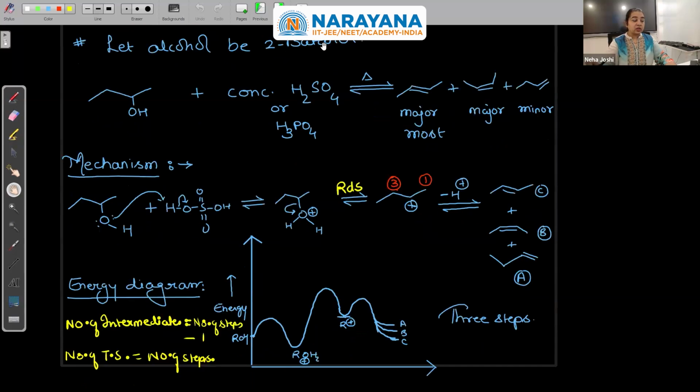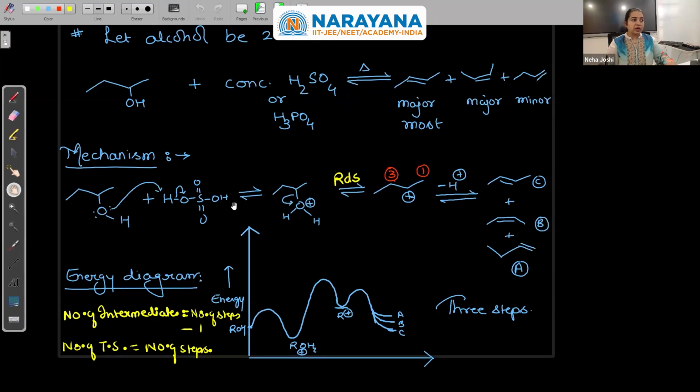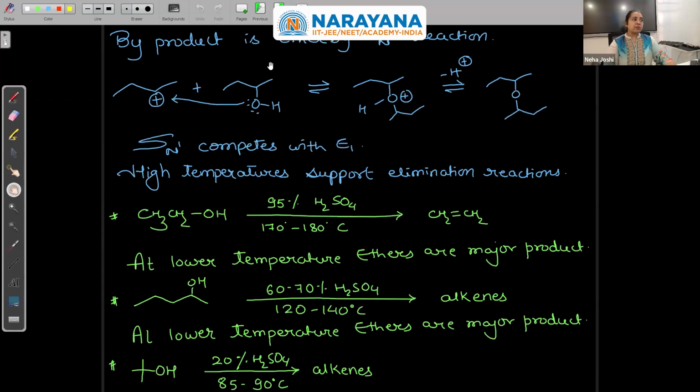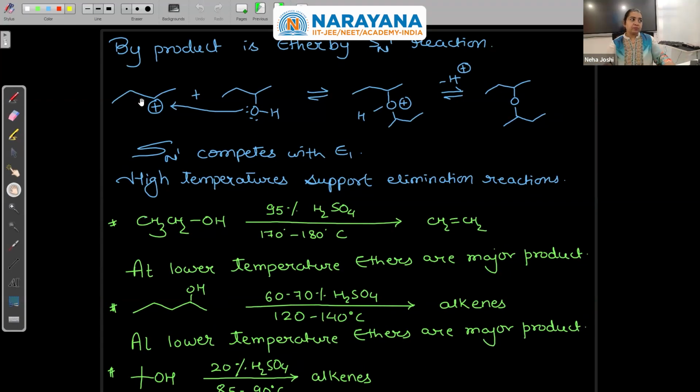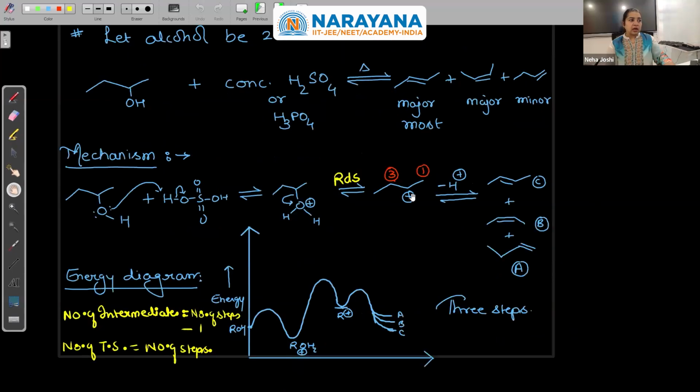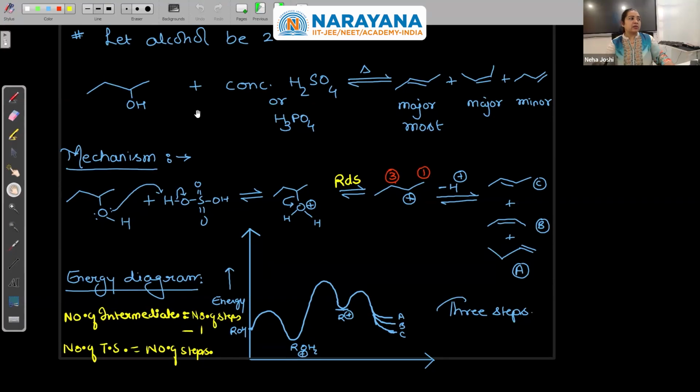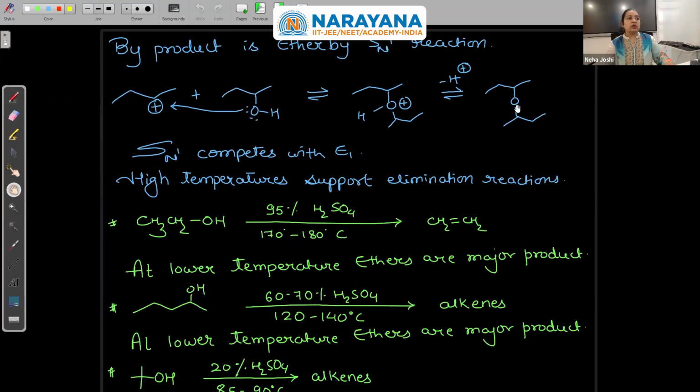Okay, I took 2-butanol intentionally, not 1-butanol or anything else. Byproduct of this is ether by SN1. Yes, once the carbocation is there, alcohol is there. So alcohol can attack on this carbocation like this, and you can have ether also formed. Always SN1 competes with E1.